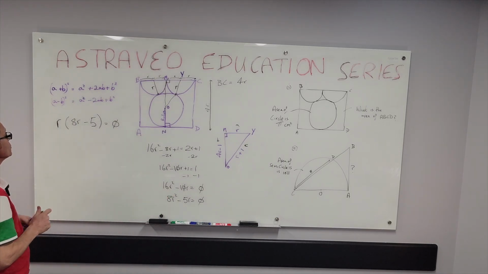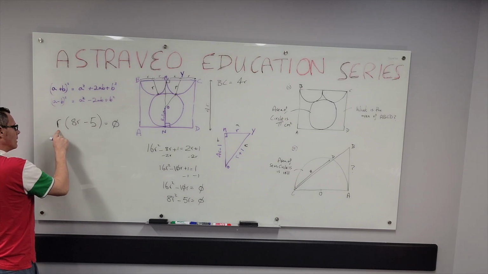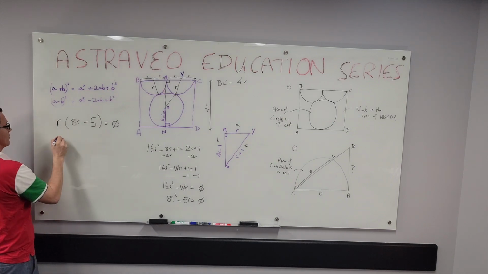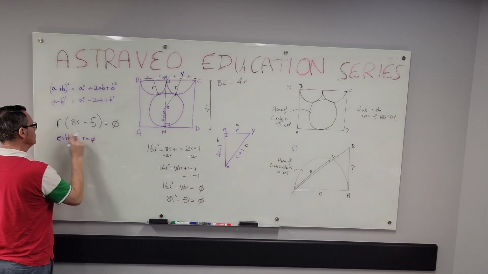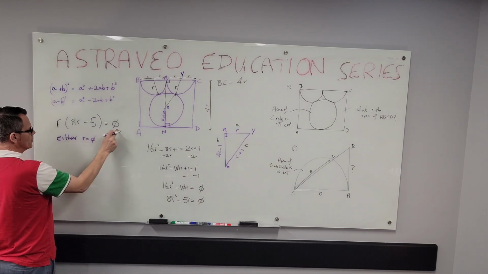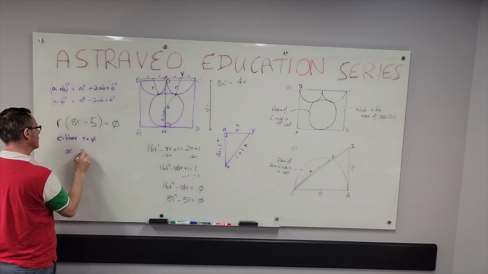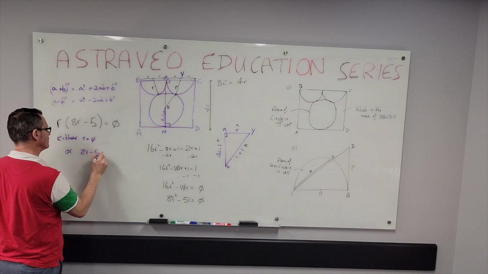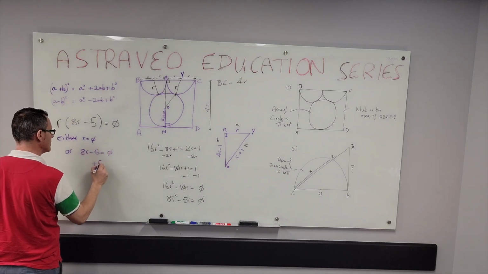So we have two solutions. Because this is a multiplication, either r equals 0, because 0 times whatever this is would give you 0, or whatever's in here equals 0. Let's add 5 to both sides.